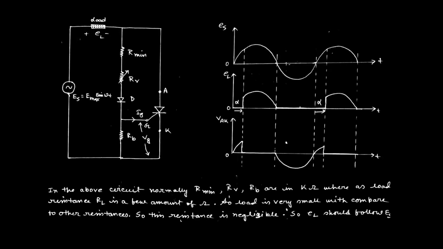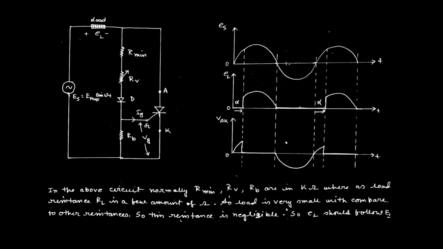The other resistances, R min, RV and RB, are of the order of kilo ohms, and in the case of a resistive load we assume a few ohms. If the load resistance is very small, then whenever the thyristor starts conducting, the supply voltage is immediately reflected on the load terminal. There will be only a very small voltage drop. That is why we can achieve the appropriate output voltage waveform.